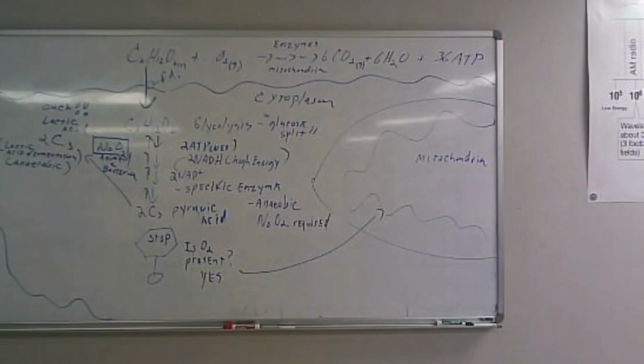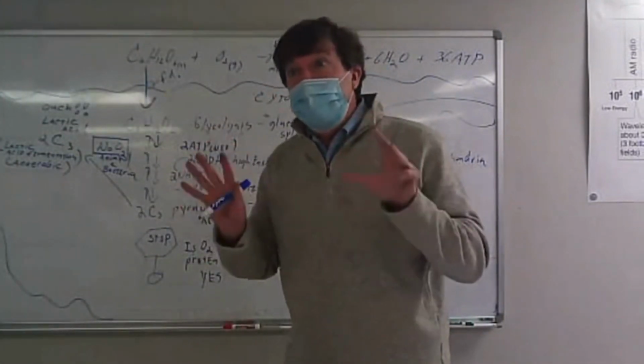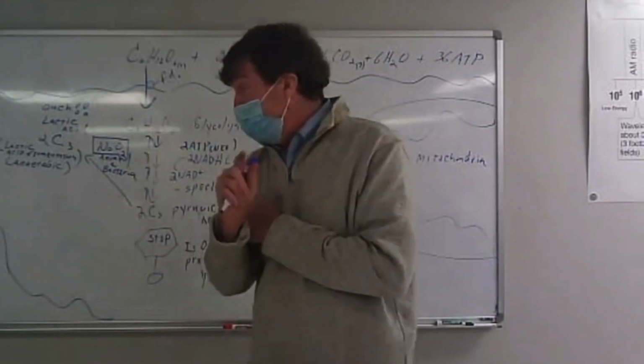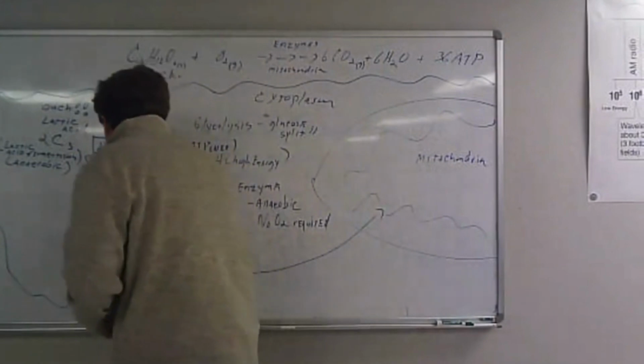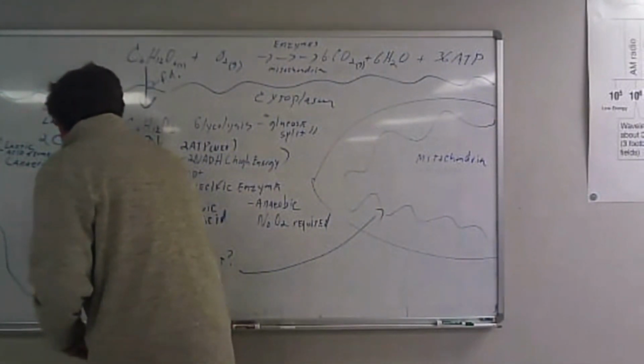Well, we're not done with fermentation, because what if we're dealing with a different living creature besides animal cells like our muscle cells, or besides bacteria? What if we're dealing with yeast? So let's go ahead and write yeast.